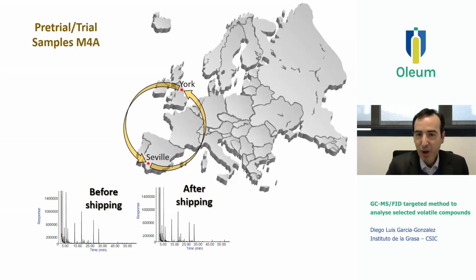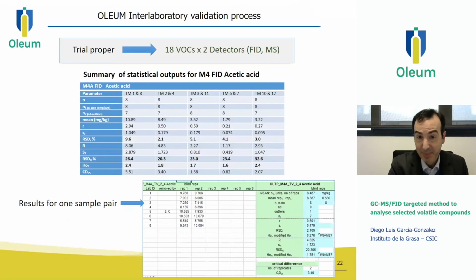So the question was, are we going to obtain some oxidation or some changes in the volatile profile? This was a question that we needed to answer. That's why we analyzed the samples before shipping and after shipping from England, to obtain the differences in the volatile profiles and make sure that everything was performed correctly.